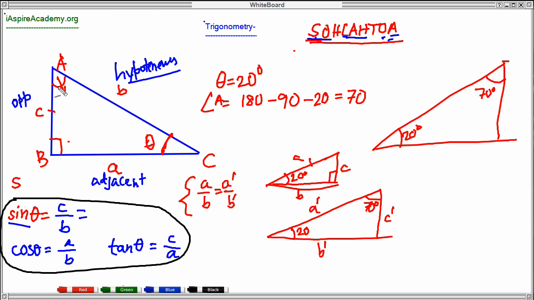Now your theta could be this. If we took this as the angle, then you can express the similar thing. The only difference is that with respect to this angle, this would become your opposite, and this opposite would become adjacent. So just remember, opposite and adjacent are with respect to a certain angle.